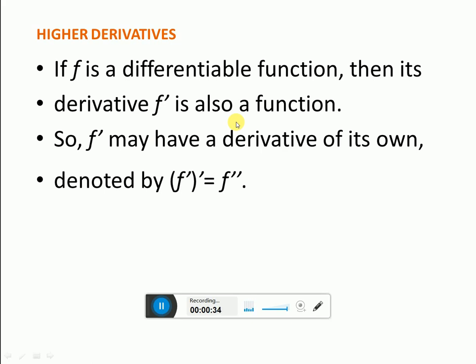So if I can take a derivative of a function, that means I can take the derivative of a derivative. So the derivative of the derivative also is a function. And if I take the first derivative of the first derivative, I have the second derivative, or f double prime.